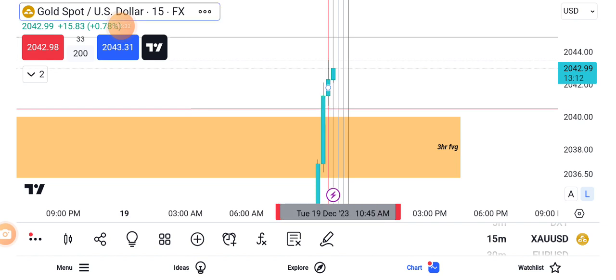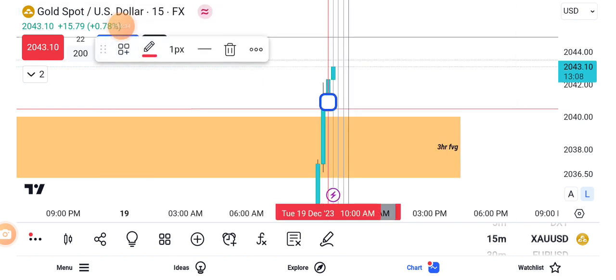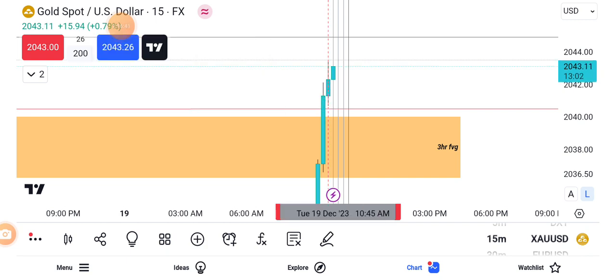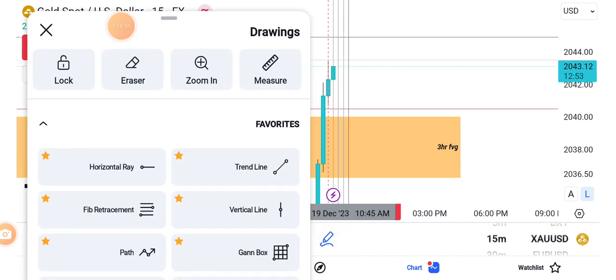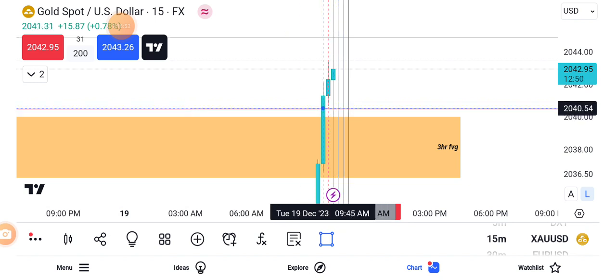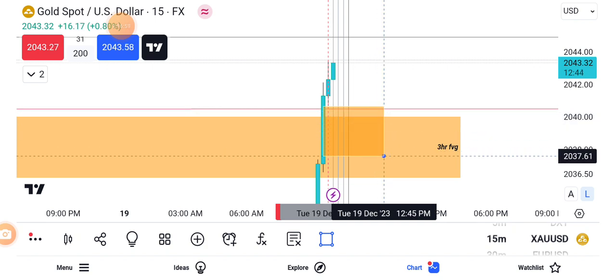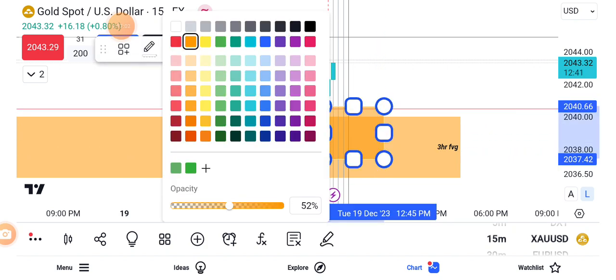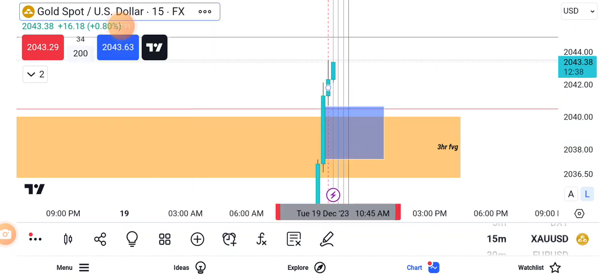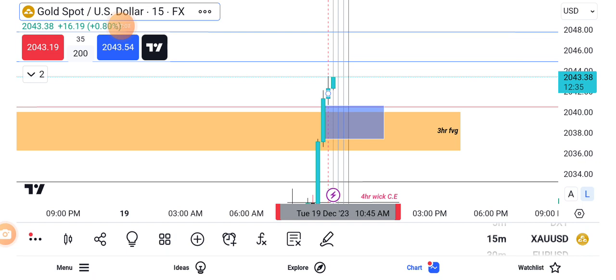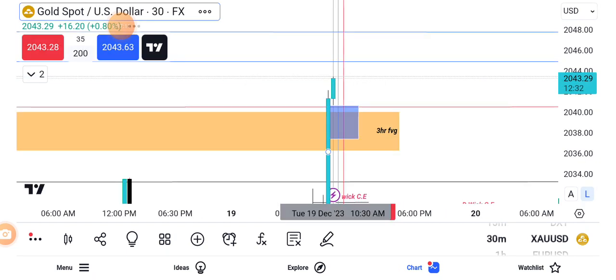Let me make it dotted. Yeah, it created a fair value gap here. So I want to see it drop lower inside this 15 minutes fair value gap. I would wish to see it drop into this 15 minutes fair value gap, from which I look for buys. But if it does not present, well and good.